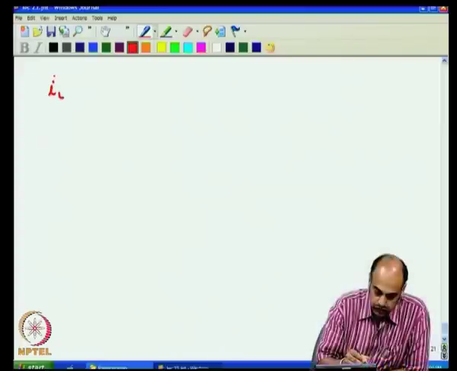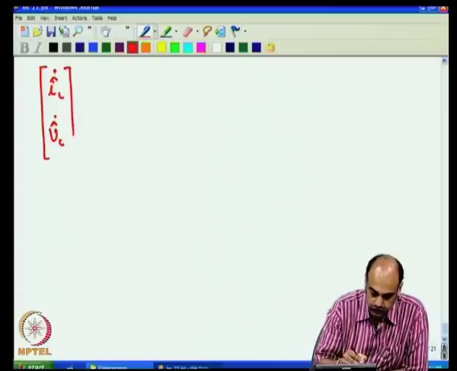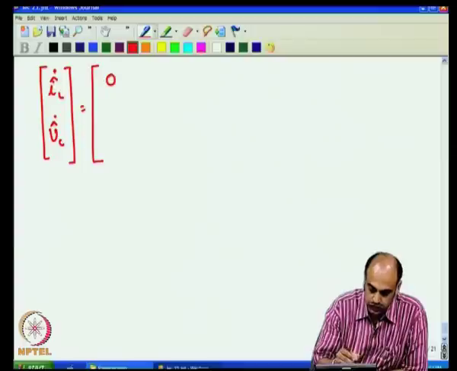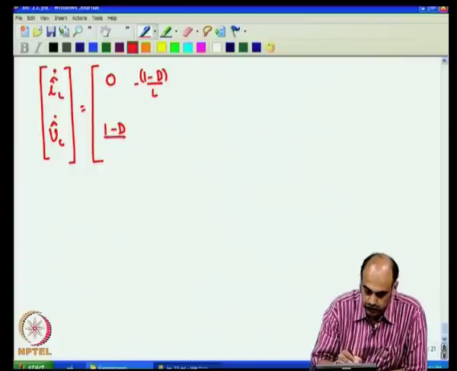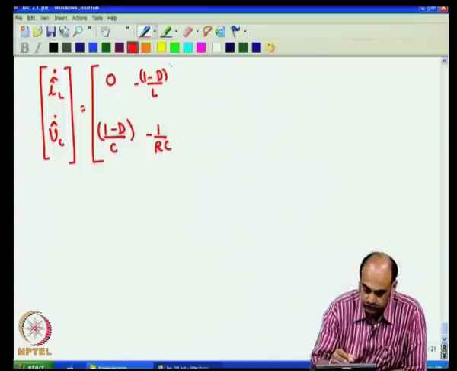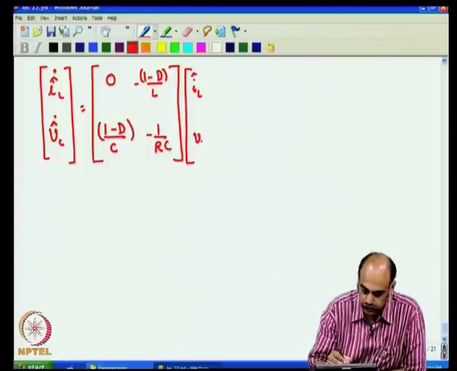So, from here if you simplify, you land up with the following: IL hat dot VC hat dot. So, these are the terms 0, 1 minus d by L, 1 minus d by C, minus 1 by RC, and you have only the small signal components.